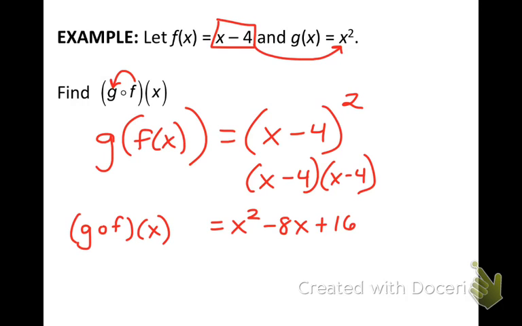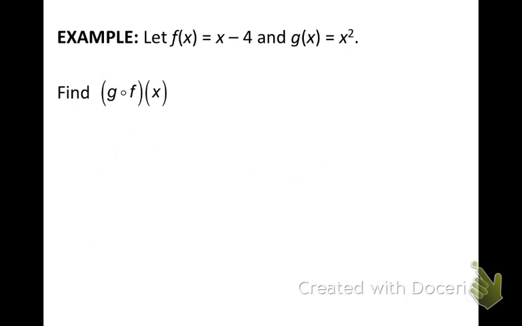What if we wanted to do the reverse? What if we wanted to do f of g of x? Can I erase this? Okay, so let's do f of g of x, still using the same functions. So that means we're putting the g into the f where I see an x.